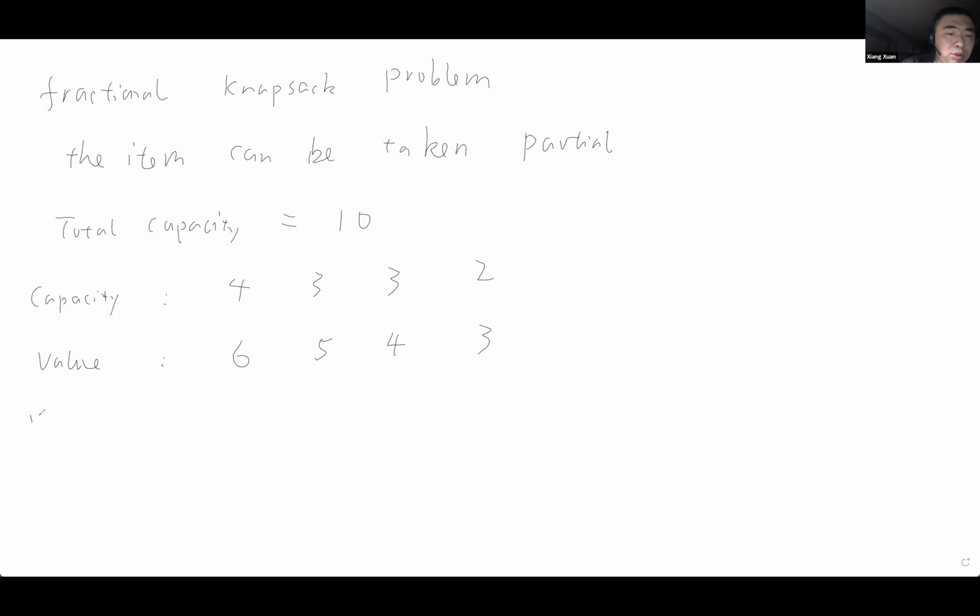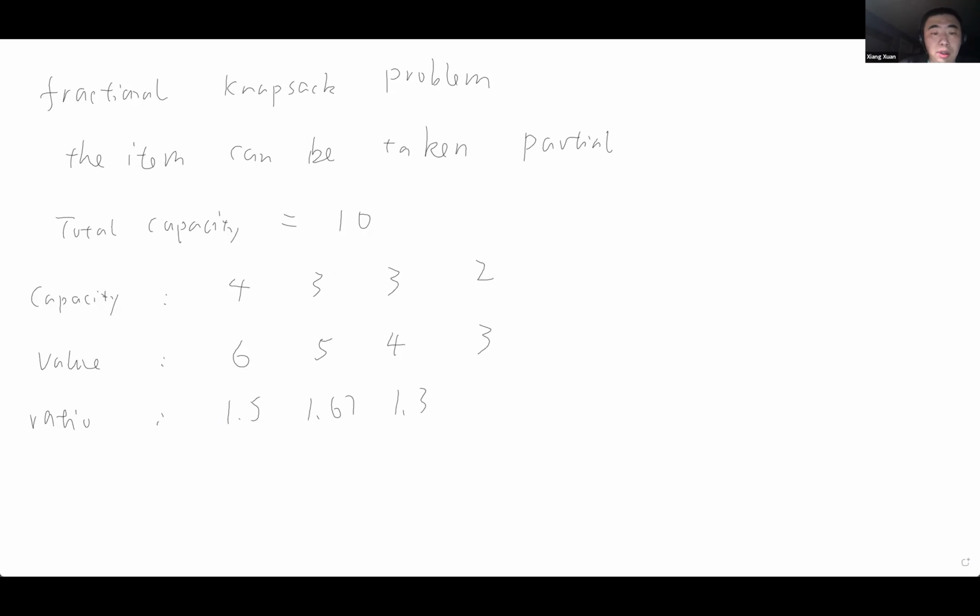So for example, if you calculate the ratio, this one will give you 1.5. This one will give you something like 1.7, well, 1.6667, something like that. This one will give you 1.3.